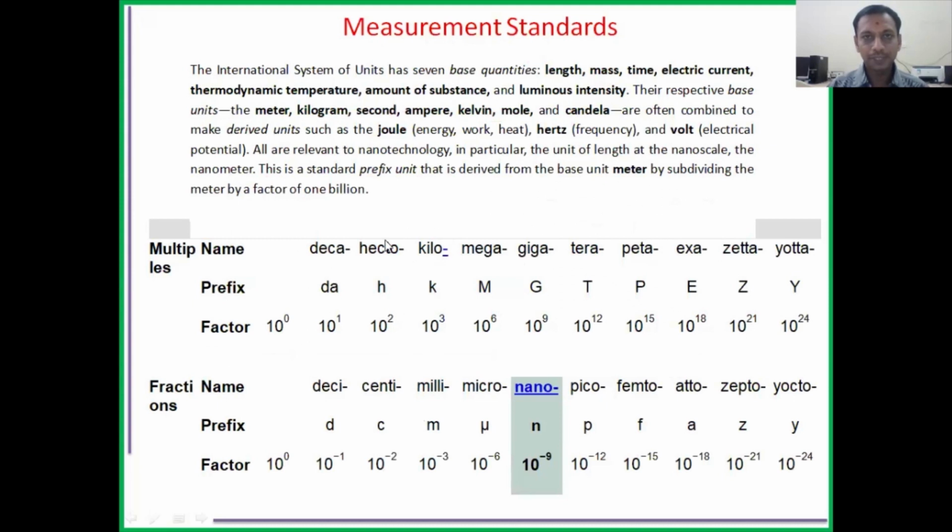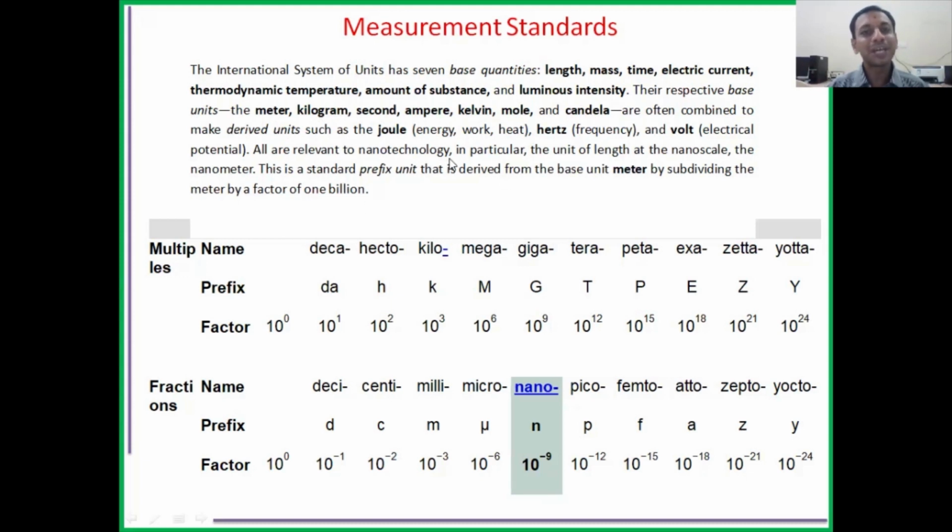The measurement standards are there, and the International System of Units has 7 base quantities: length, mass, time, electric current, thermodynamic temperature, amount of substance, and luminous intensity. It has different units from meter, kilogram, up to candela. Now, what is relevant to nanotechnology?